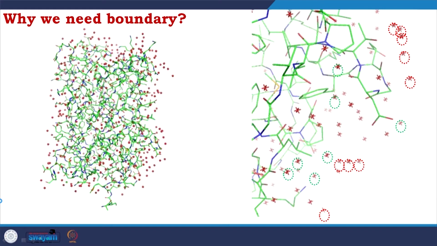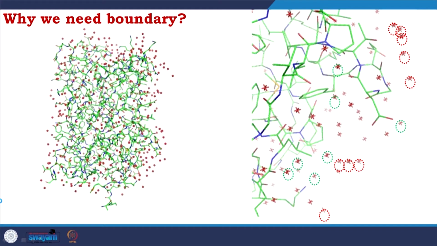So it is an experimental structure, and if you look at the zoomed version, you will see that there are some water molecules which are essential for the interaction with the macromolecule. There are other water molecules which I have circled in red, they are not essential.